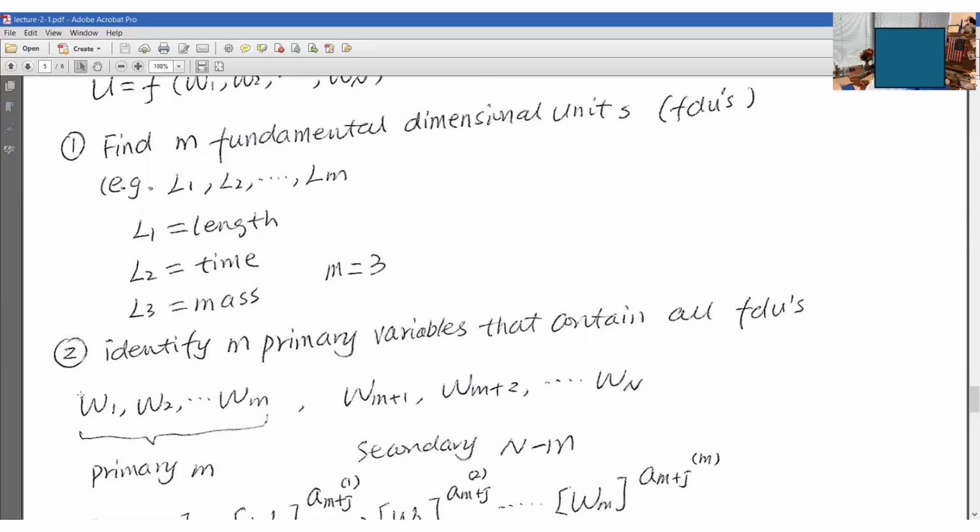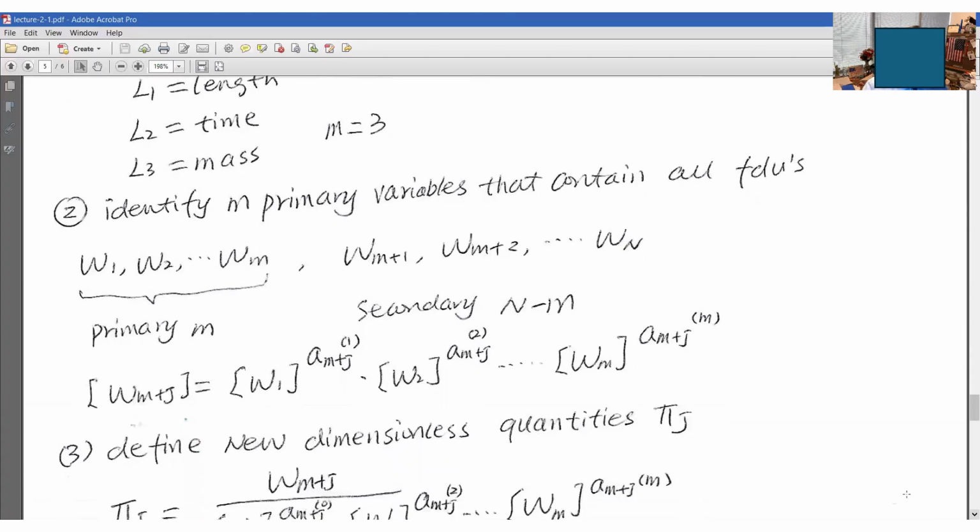Suppose we have W1, W2, through Wm, and they are the m primary variables. And then the remaining n minus m are called secondary variables. Okay, guys? If I know the primary variables, all these secondary variables can be written in terms of these primary variables.